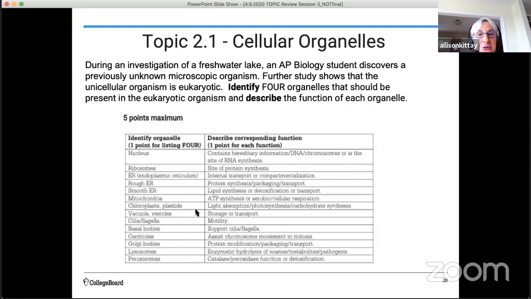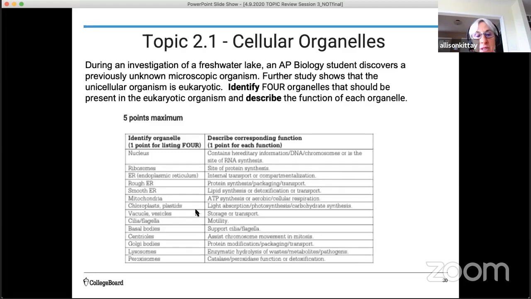So because it was eukaryotic, a lot of students said nucleus, which I did not specifically talk about in this review, but the nucleus is found in the eukaryotic organisms, eukaryotic cells surrounded by a nuclear envelope, and it contains the hereditary information, the DNA, the chromosomes, or the genes. The next one listed is ribosomes.